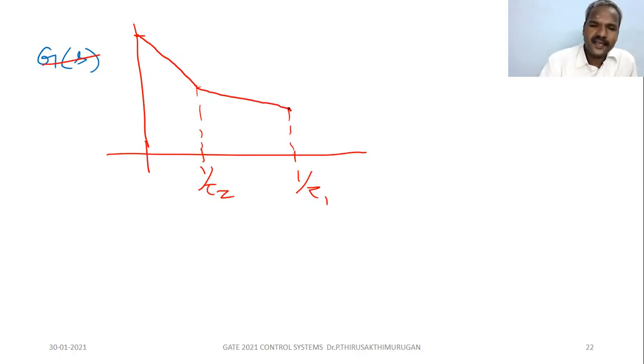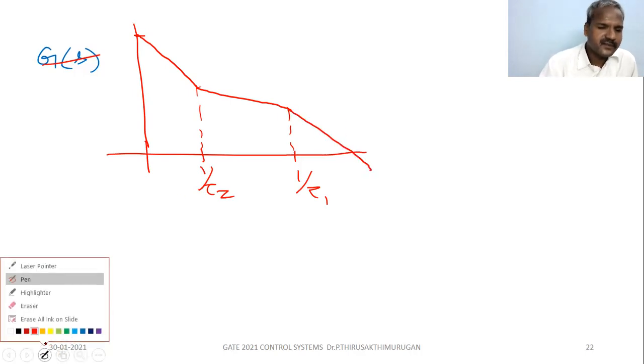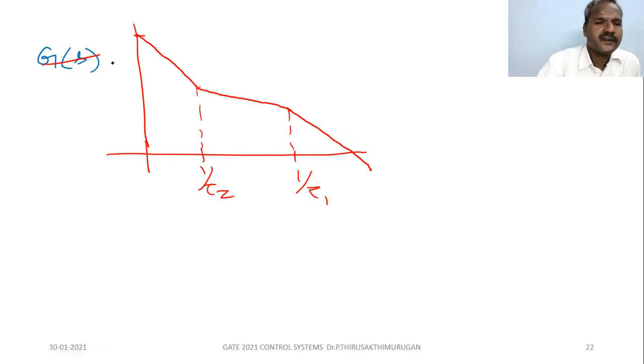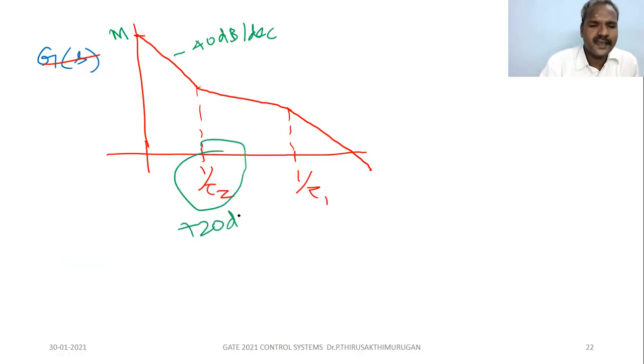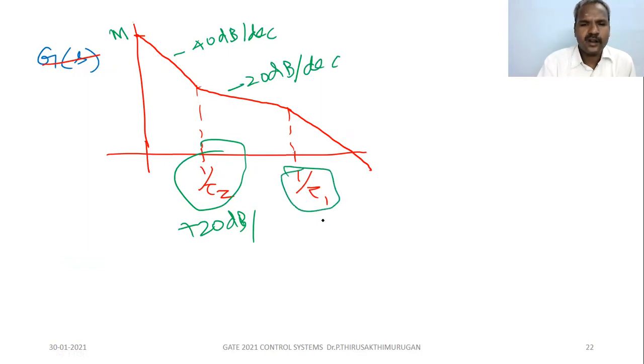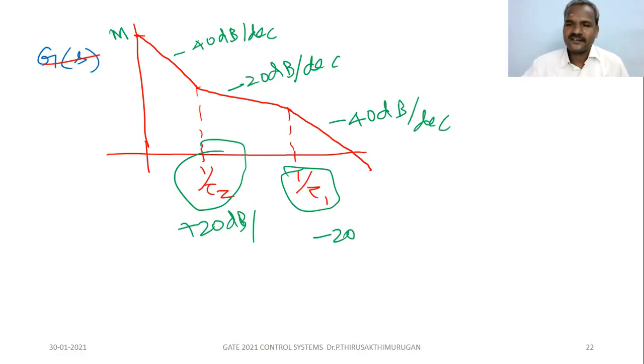Then this pole contributes minus 20, so the change in slope is minus 40 dB per decade again. Understand? So this is the simplest understanding of Bode plots in different cases.